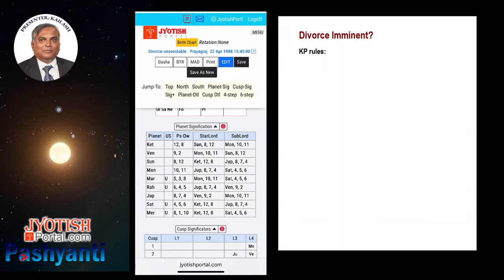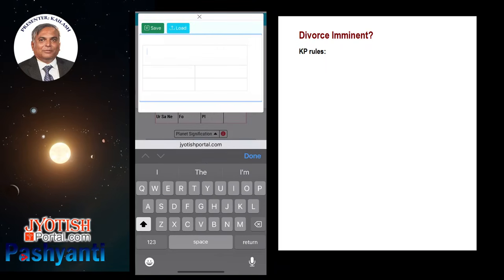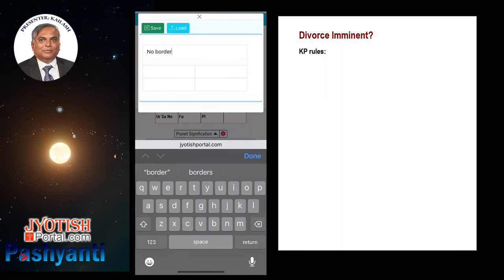So I'm going to open the editor and make some notes. The first thing is no borderline. We saw that there was no borderline issue. That's the first thing.